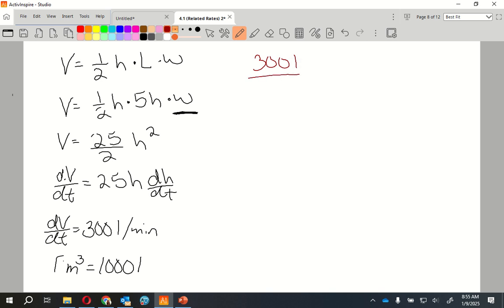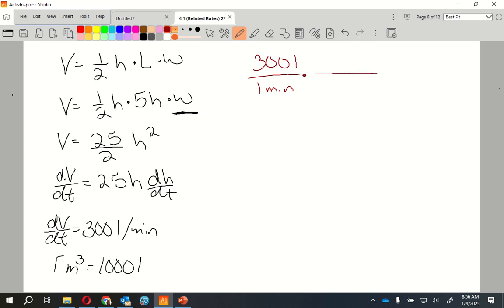Liters over 1 minute. If you haven't seen this before, this is a good point to pay attention to. We're converting. What are we getting rid of? We're getting rid of the liters.